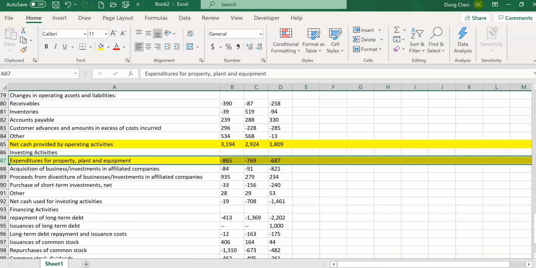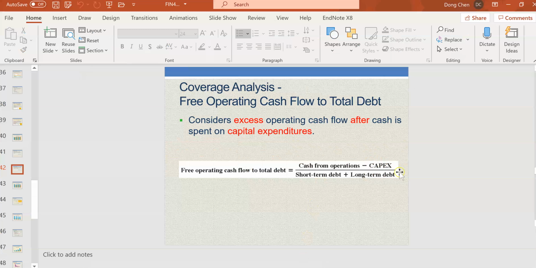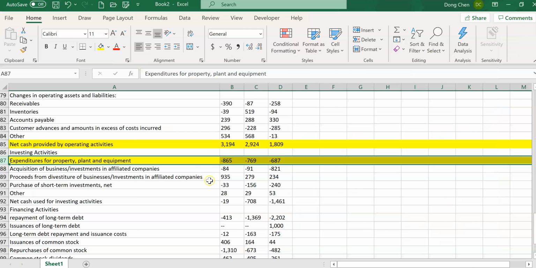This formula assumes that capital expenditure is positive, so we subtract the positive amount. But since here the minus sign is already included in the cash flow, we just need to sum this number up.